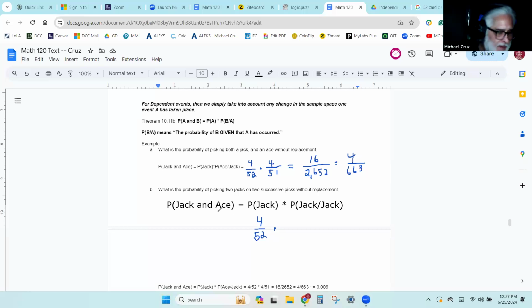You remember I'd said that for adding, you don't simplify to the end, but for multiplication, simplify first. So now on this one, a card's missing, and that one card that's missing is a jack. So there's now 3 jacks left in the deck. If I simplify down, this is 1/13.